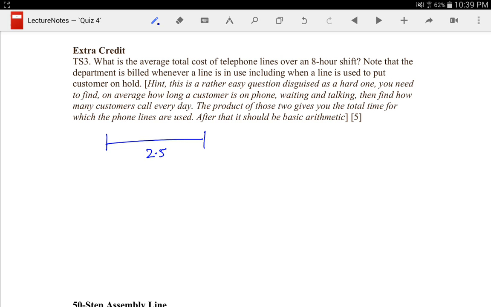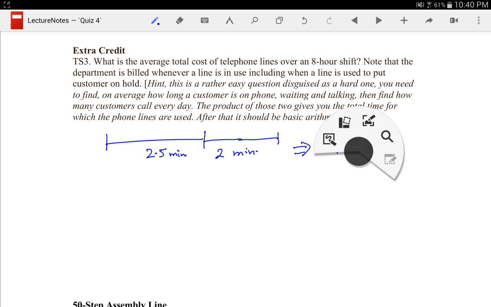So the phone is on hold for that customer for 2.5 minutes, and then 2 minutes of talking time. That means a phone is in use for 4.5 minutes for every customer, for 4.5 minutes per customer.